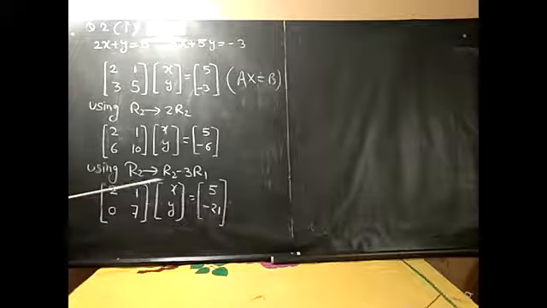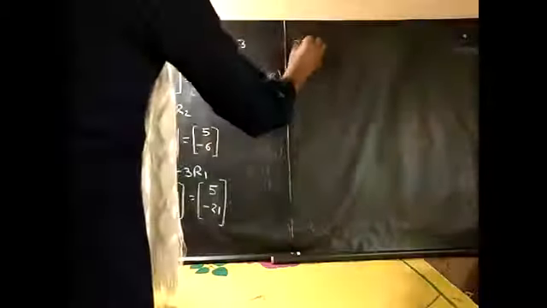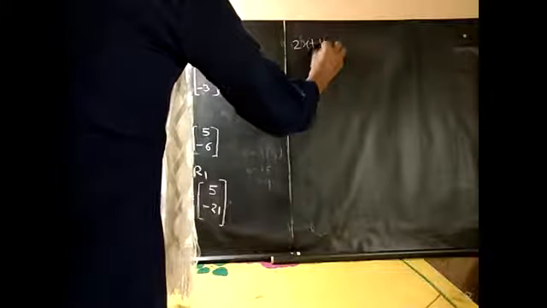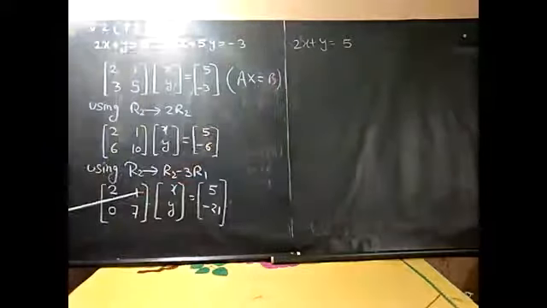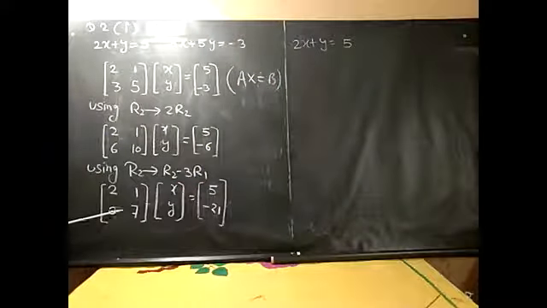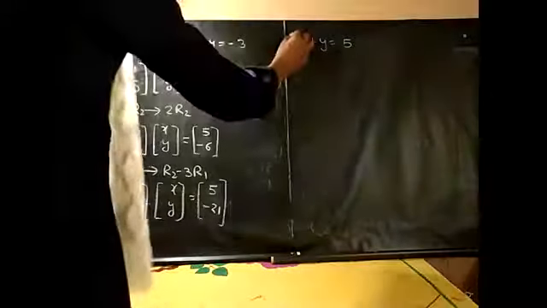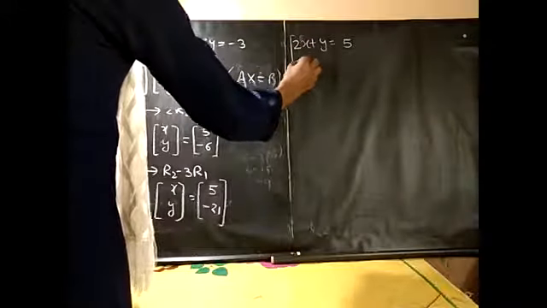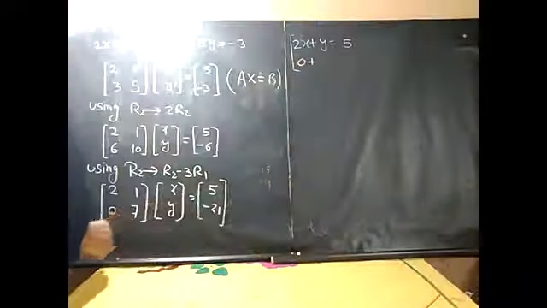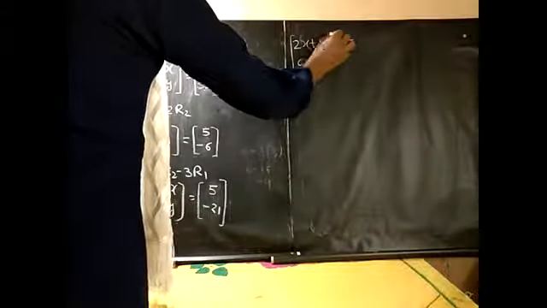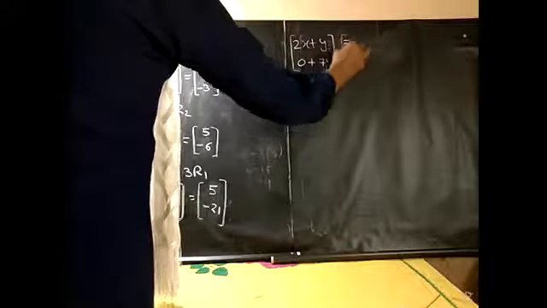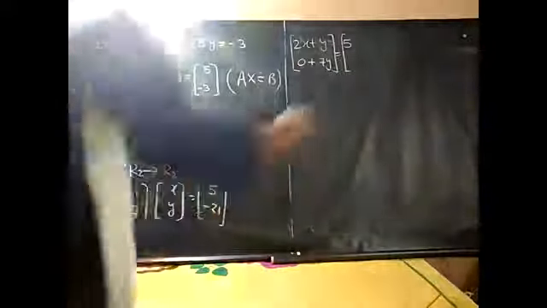Now after this, what we will do? Multiply. 2 into x, 2x plus y. Let us do it. 2x plus y equals to 5. Okay. Then 0 into x plus 7 into y. 0 into x, I can write simply 0, plus 7 into y, that is 7y is equals to, it is 5 and minus 21.